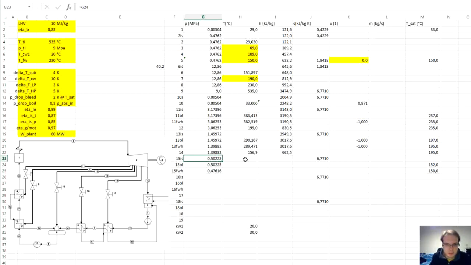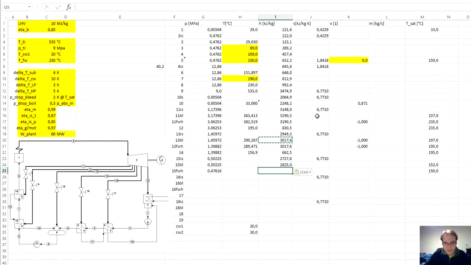Now, point 15 isentropic, we have pressure, we have entropy. Use these two to get enthalpy. Now for the actual enthalpy, again we consider constant isentropic efficiency across the turbine, so we have the function ready.